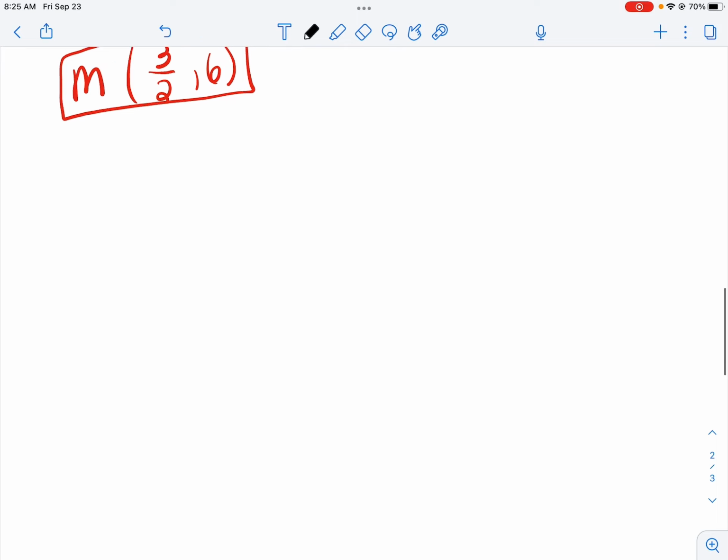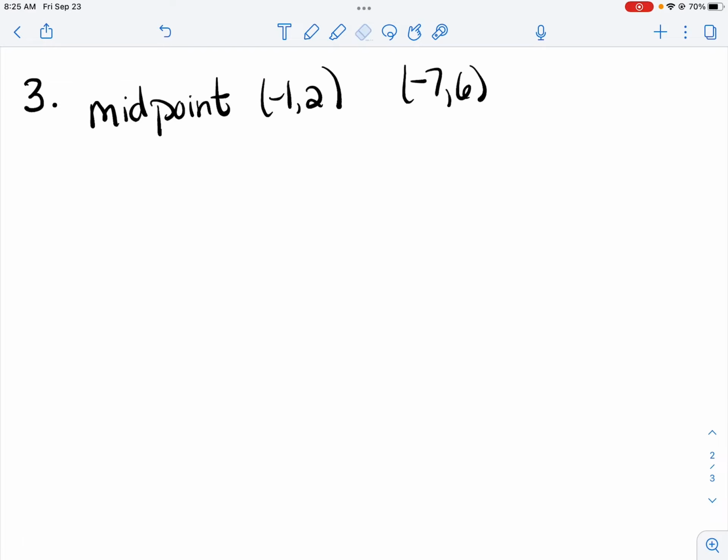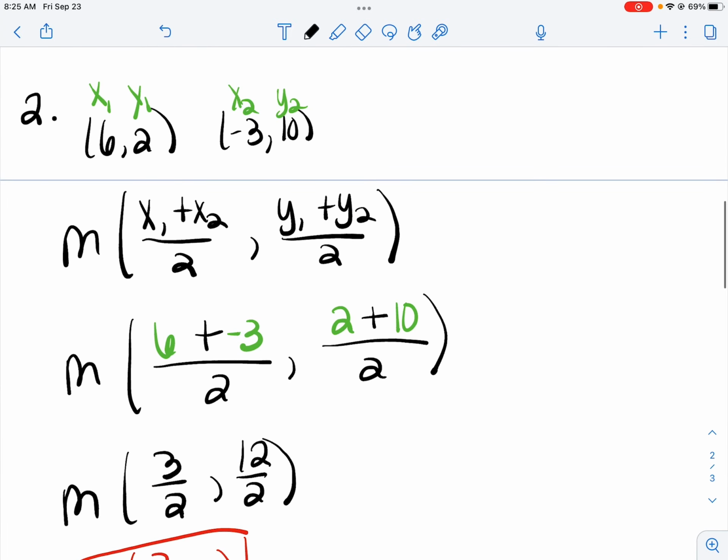Now the next problem works a little bit differently. The next problem gives us the midpoint and an endpoint. And we're asked to find the other endpoint. So the difference between 1 and 2 is this.